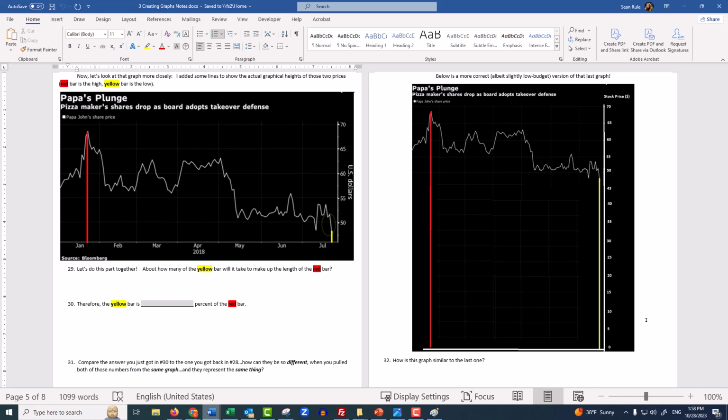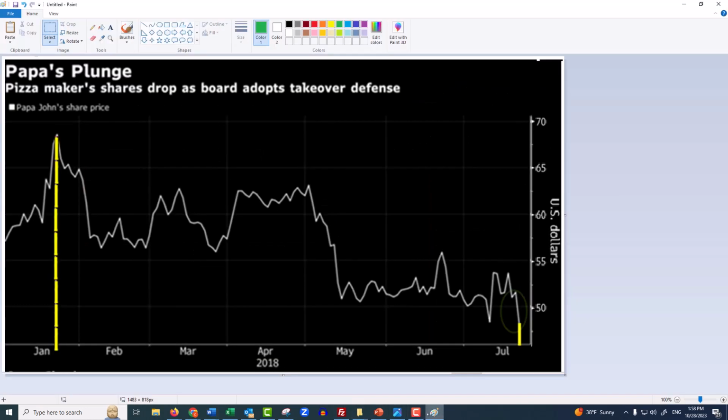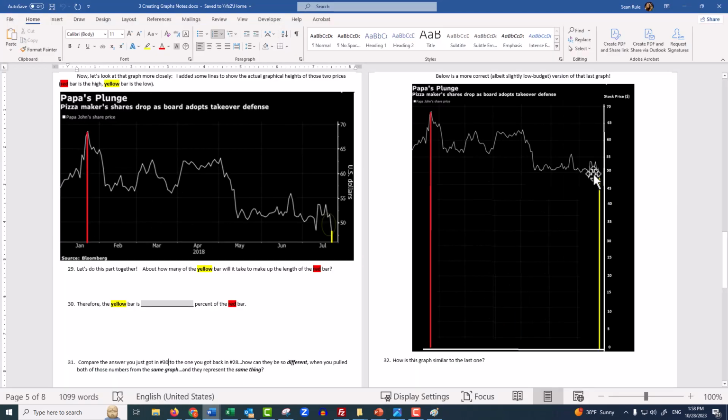The problem is, if we're looking at the yellow and red bars, and you're measuring height above the horizontal, your brain, whether you know it or not, assumes that this bar down here starts at 0. But this does not start at 0. This starts at about 45.